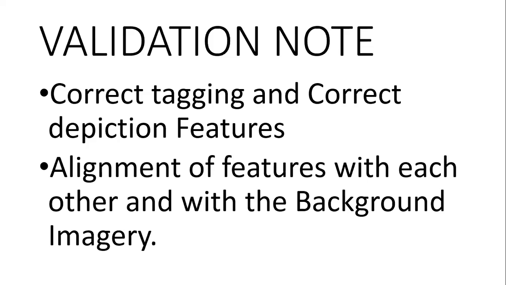We have to make sure the tags used are correct and correspond with the depicted features. This is a house, it has to be a house. This is the road, it has to be a road. This is the river, it has to be a river. We have to make sure the tagging is correct, and also the alignment of the features with each other and with the background image.